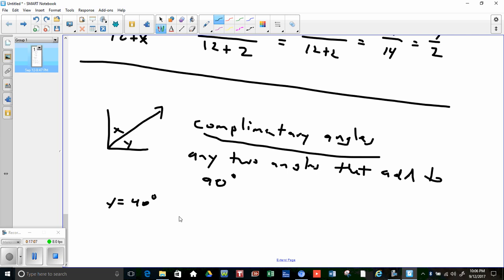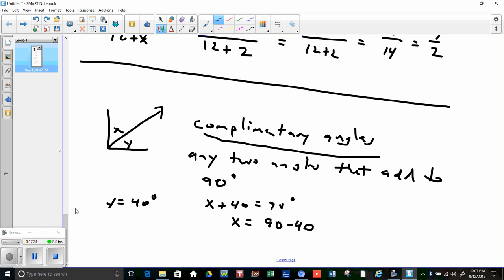Well, the concept is pretty simple. If you know that y is 40 and they both add up to 90, then x plus 40 has to add up to 90. In order to solve for x, we're going to subtract 40 on both sides. So x equals 90 minus 40.